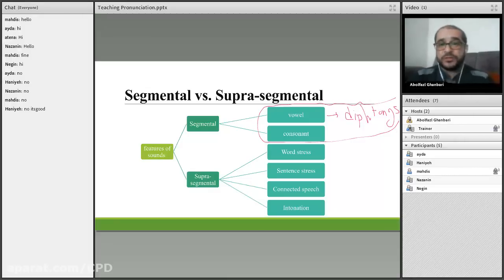What we should cover in teaching pronunciation is these features of sounds: vowel, diphthong, consonant, word stress, sentence stress, connected speech, and intonation. Individual sounds in a word are segmental features, and beyond the individual sounds we have suprasegmental features.